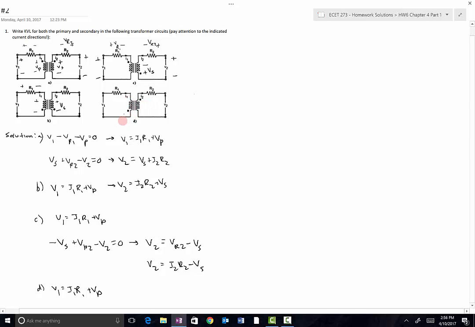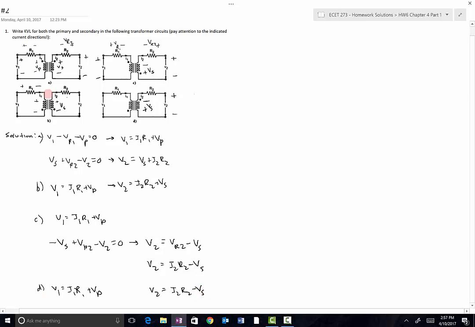Again, current's leaving the dotted terminal, so it's going to induce a voltage that is negative at the dotted terminal of the secondary. So that's going to look like this, plus minus Vs right there. We've got plus minus V2, and this circuit's the same as the previous one, so V2 is going to be equal to I2 R2 minus Vs.